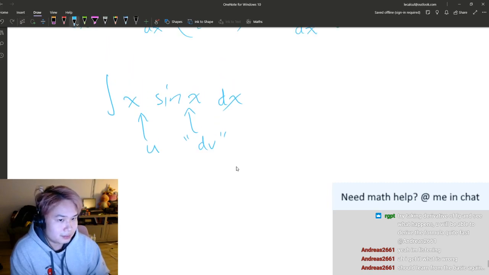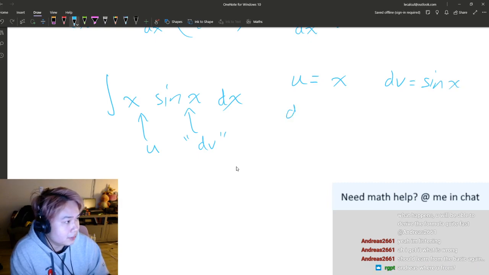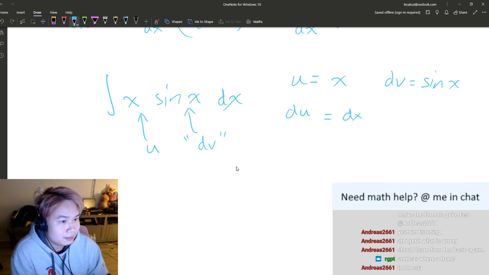And then of course, once you set something equal to u and something equal to dv, then you also need to find du, which I guess in this case is just 1 dx. And then, I knew it.